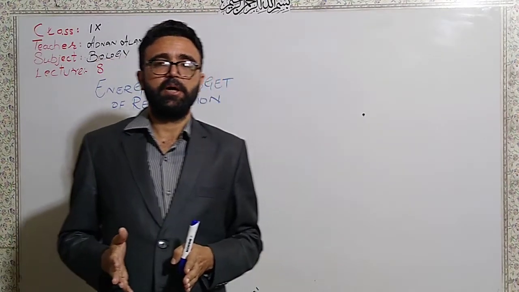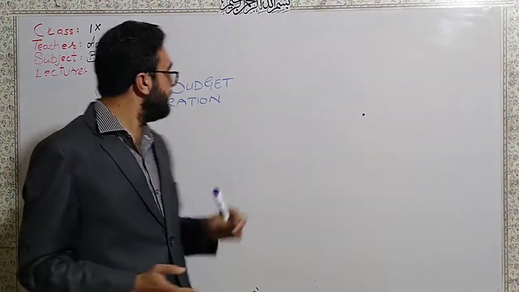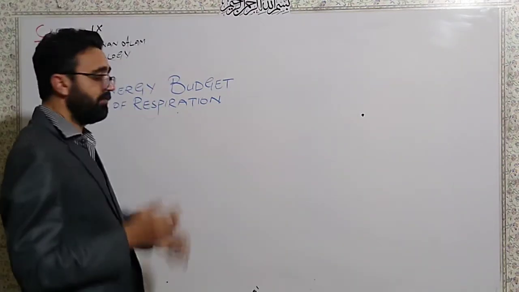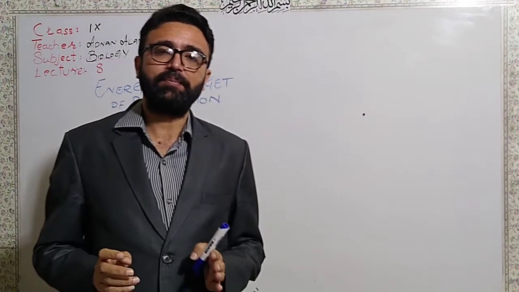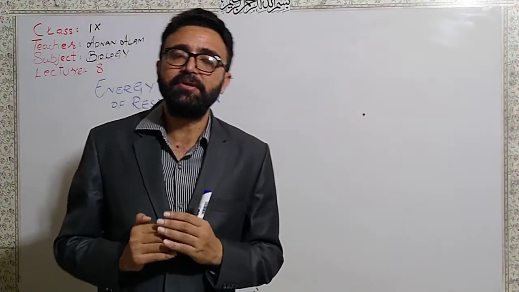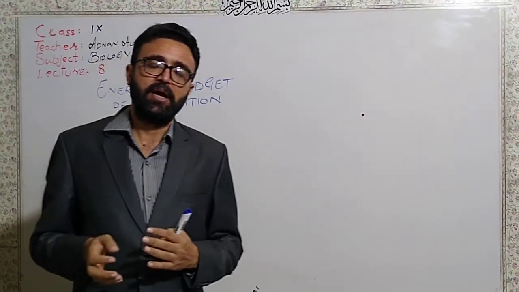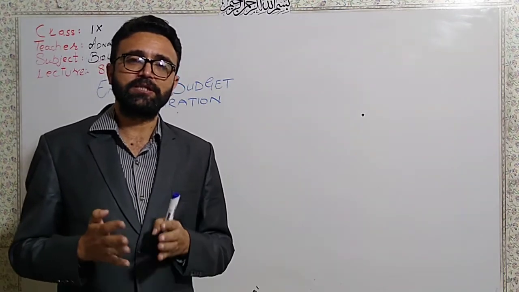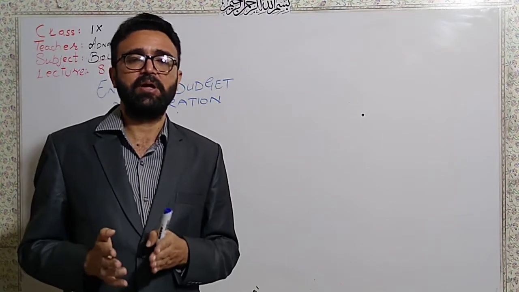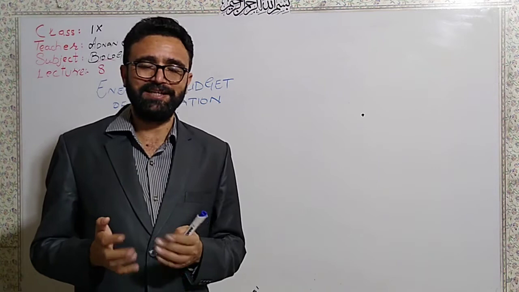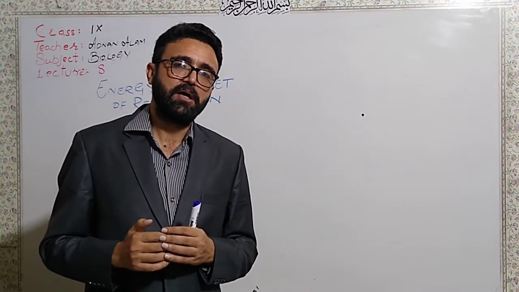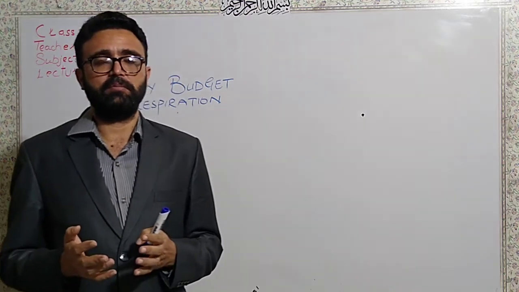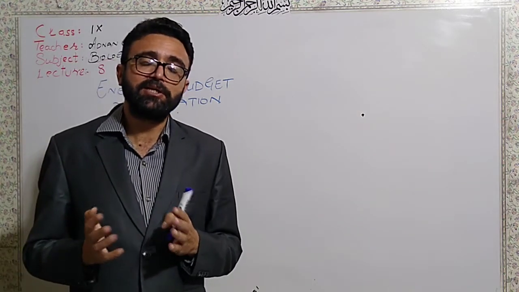Dear students, our first topic is the energy budget of respiration. You know that budget is a term that refers to economics, and it tells us about our expenses and our income, how much we are yielding and how much we are spending. So it is called a budget.